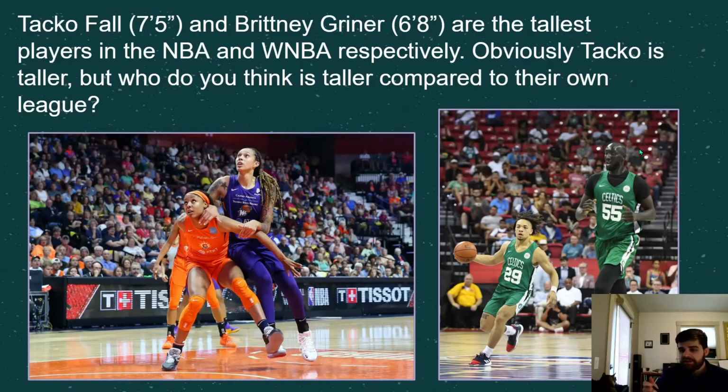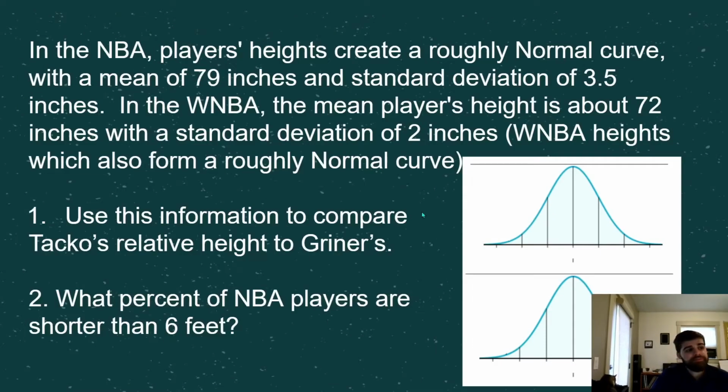So we're going to use the idea of the normal curve to answer a question like this. It says Tacko Fall and Brittney Griner are the tallest players in their leagues. We can obviously see that Tacko is taller, but if we wanted to compare them to their own league instead of to each other, that seems more fair and gives an idea of how they stack up against their competition.